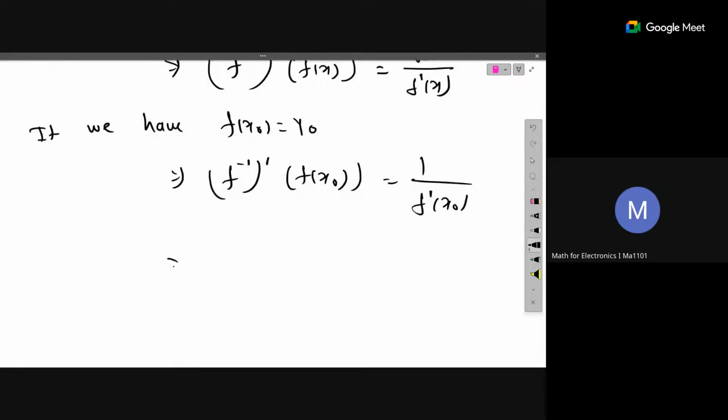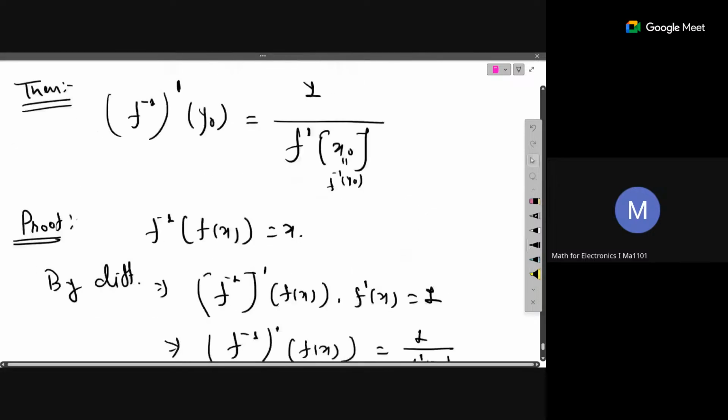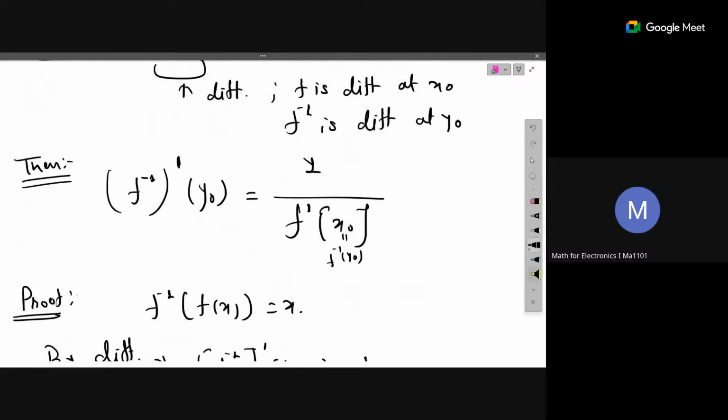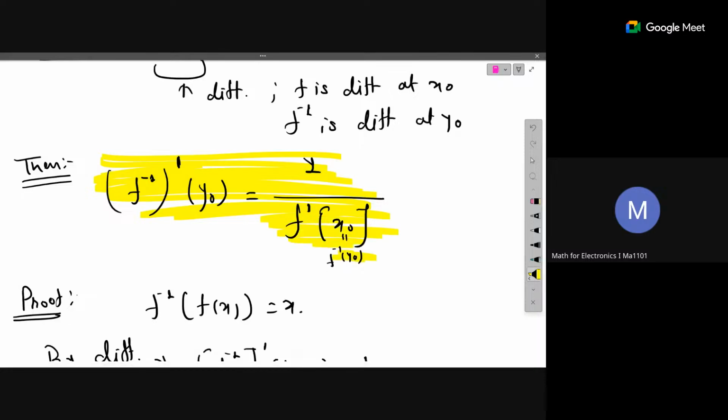That means it's the same as f inverse's derivative at y naught is equal to 1 upon f dash at x naught. Okay, so this is a little proof of this particular theorem. But the main formula you should remember is this, that f inverse's derivative at y naught is equal to 1 upon f's derivative at x naught. And not any x naught. This x naught is also specific to, or related to, y.